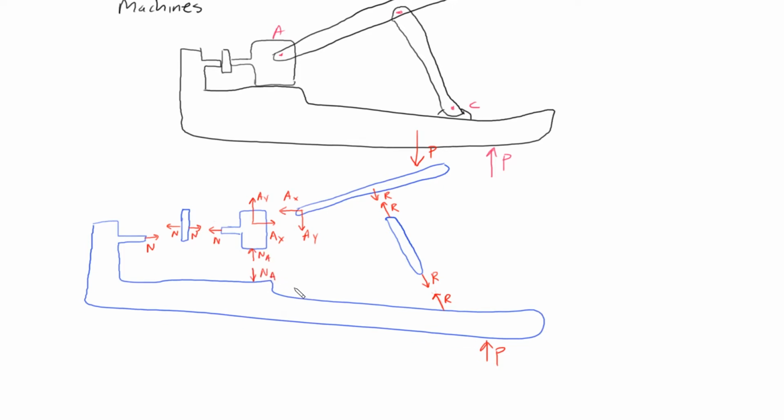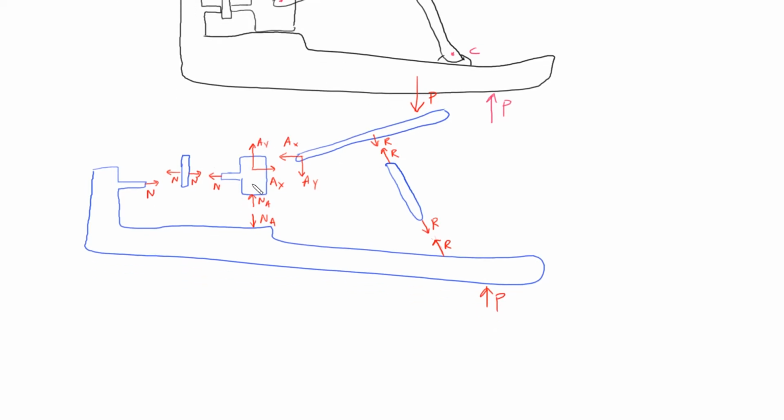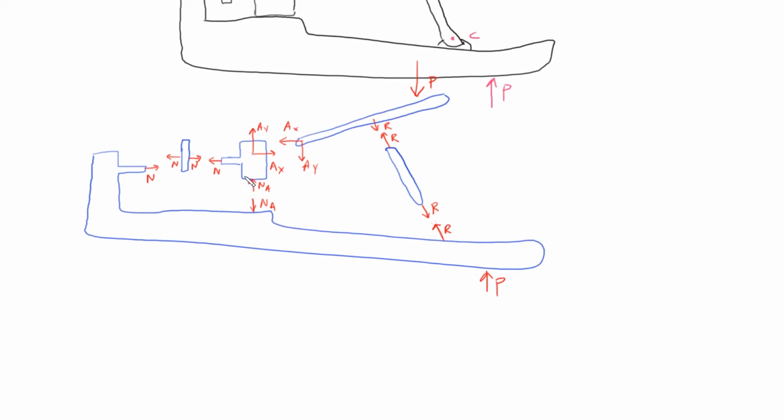So what we did, we exploded this machine into various parts and applied Newton's third law and drew the forces that are acting on each part and treated each part as its own free body diagram. And I drew these force vectors in arbitrary directions.